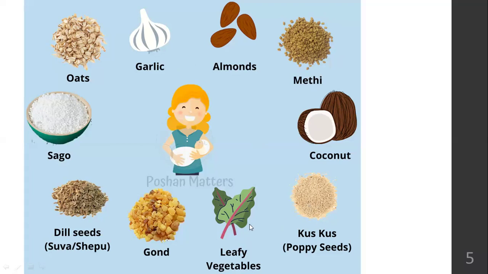Okay, leafy vegetables, gond. This is the gond. Gond and methi laddus are made for lactating mothers. Dill seeds or fennel seeds are also good. Sago, oats.